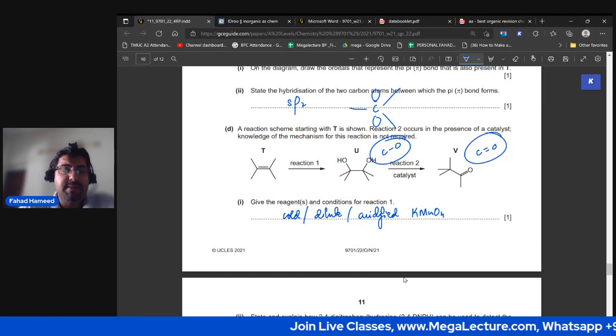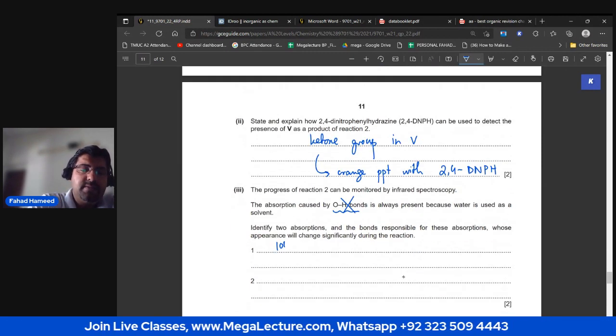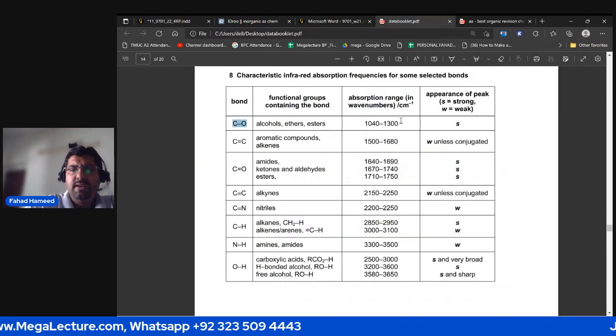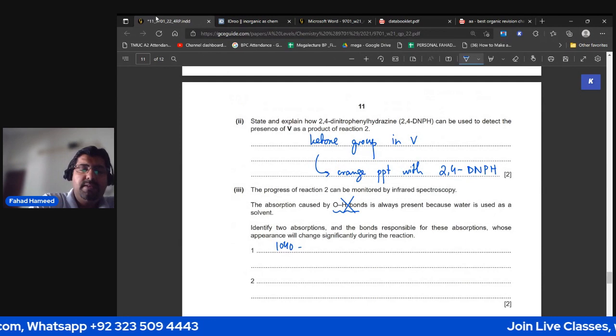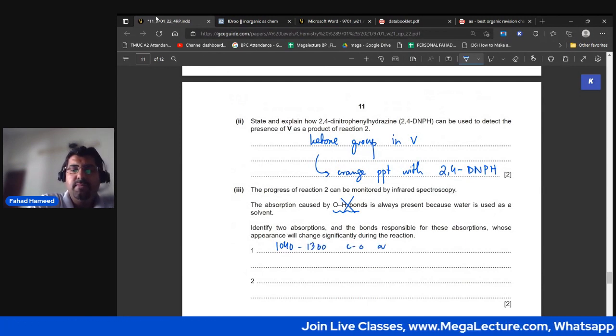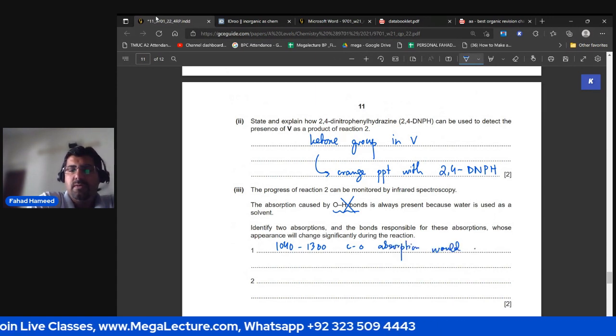So that's one: 1040 to 1300, the C-O absorption would disappear.